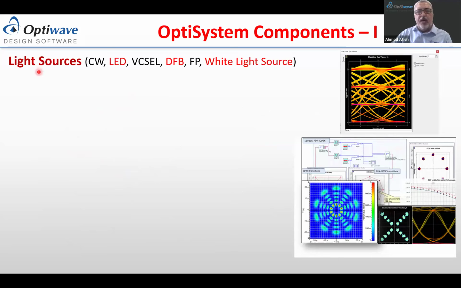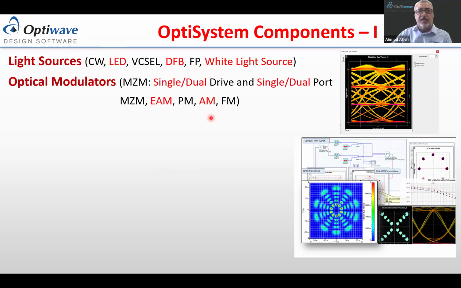We have a wide variety of light sources, including analytical models and measured models for lasers, like CW lasers, LEDs, VCSELs, DFBs, and Fabry-Perot lasers, as well as white light sources. There are lots of optical modulators, with Mach-Zehnder modulator analytical models, or other types of modulators with single drive or dual drive, single port or dual port, as well as electro-absorption modulators.